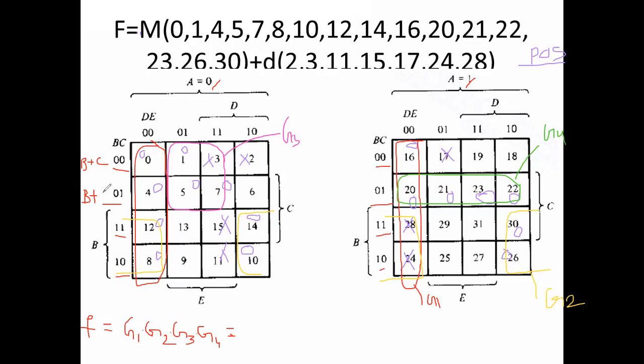This is product of sums, remember that. 1 1 means B bar plus C bar. 1 0 means B bar plus C.